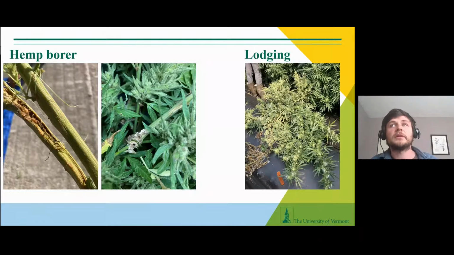The variety on the right was originally bred for indoor cultivation, I think. So that's one that really struggled to support itself in the field, especially once it started to flower. The majority of the plants that we've had in our trials have had pretty good resistance to lodging.